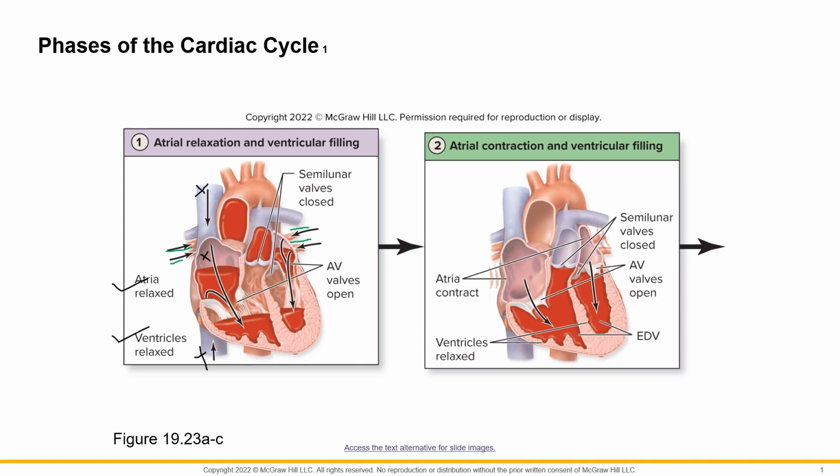Those are your pulmonary veins, and they're bringing in oxygenated blood from your lungs to the heart and putting it in your left atrium.